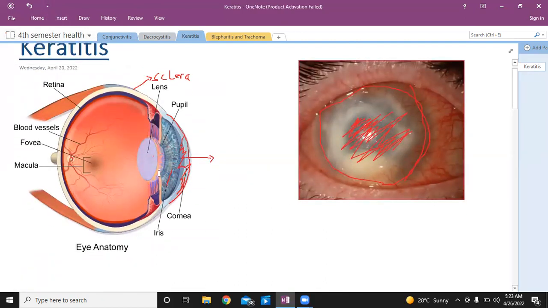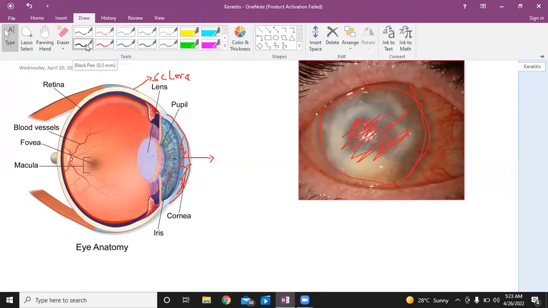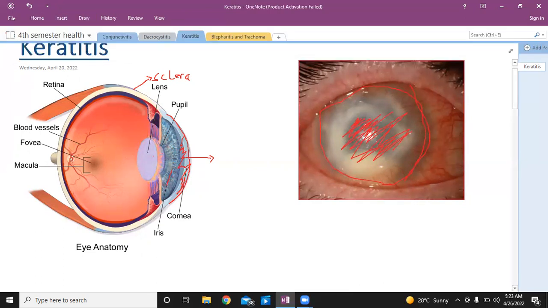You know that there is this pupil, and there is this iris. In between the iris and cornea, there is some kind of empty chamber, which they have not shown in this picture, but let me draw it.